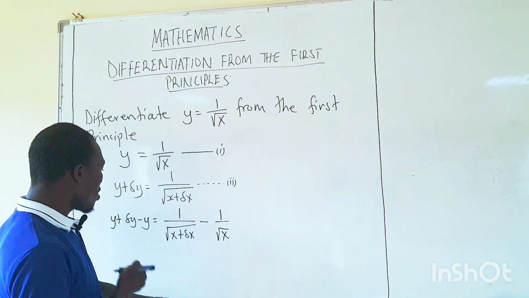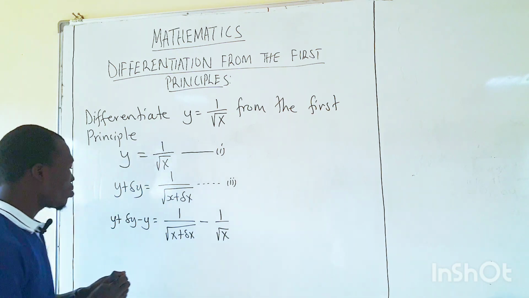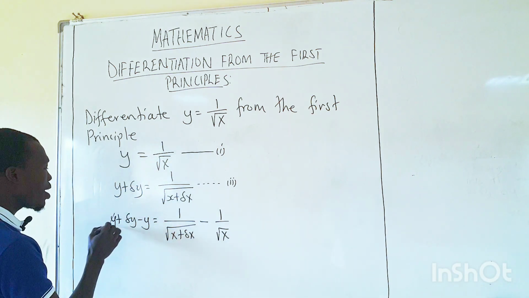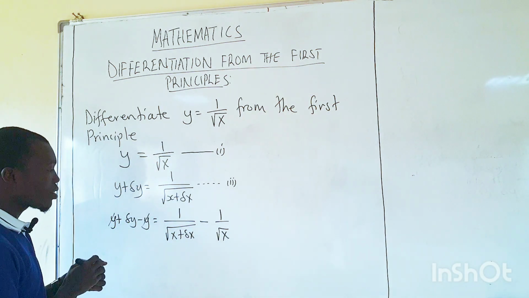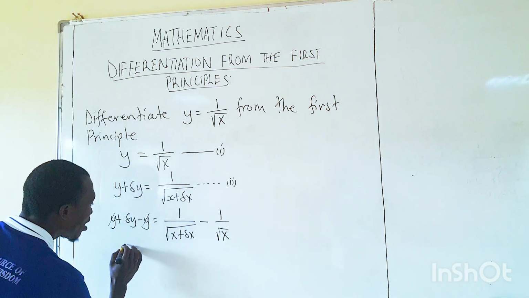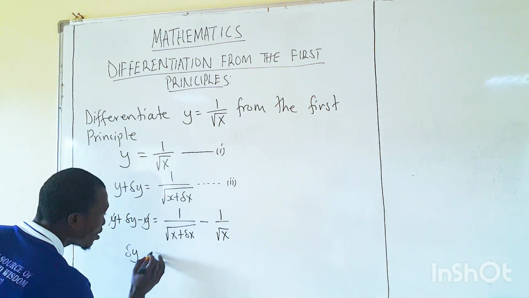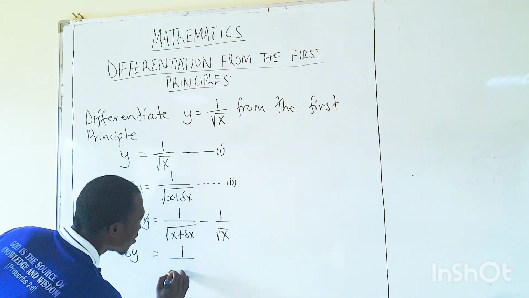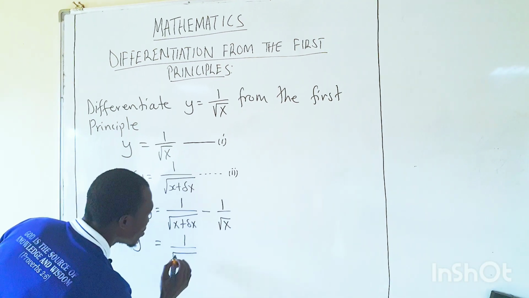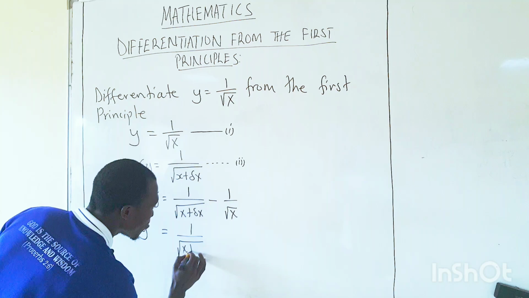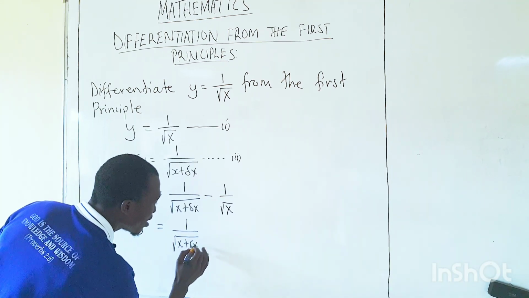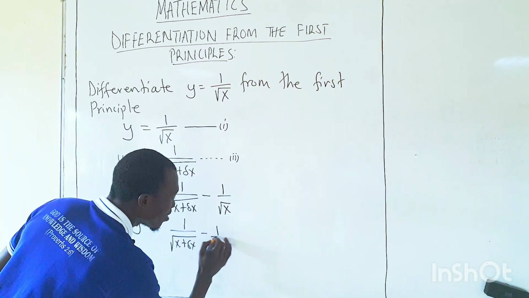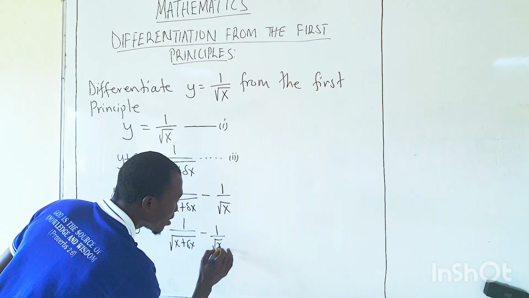Then we are seeing that y and y are cancelling out, so we shall have delta y is equals to 1 over root 2x plus delta x minus 1 over root 2x.